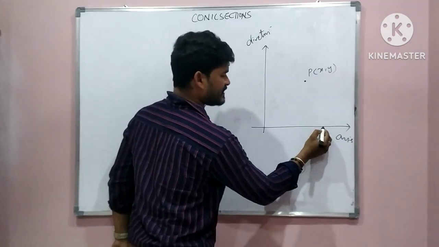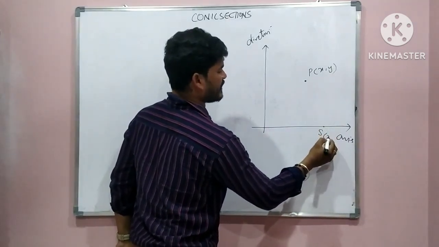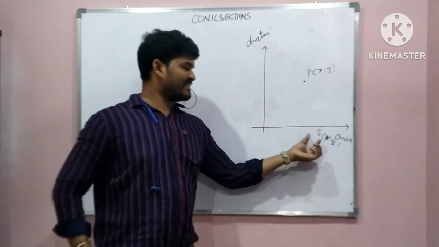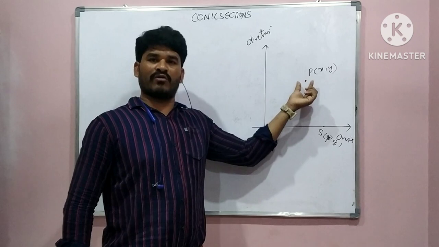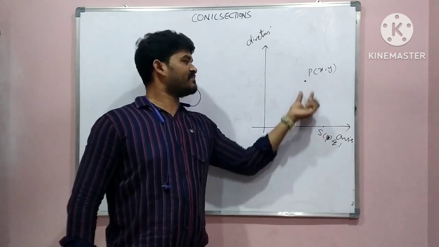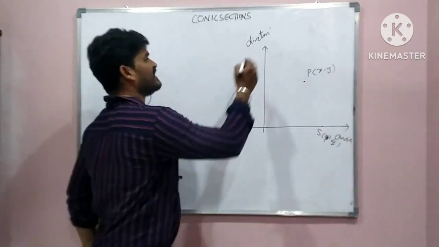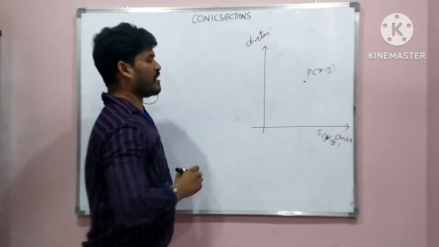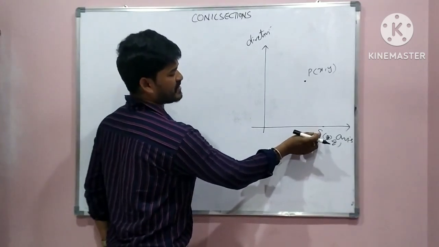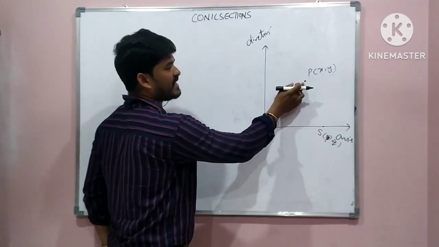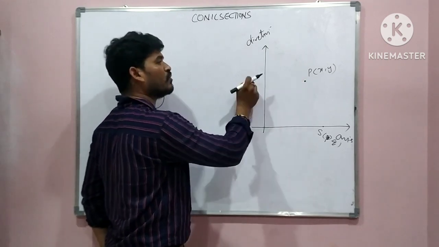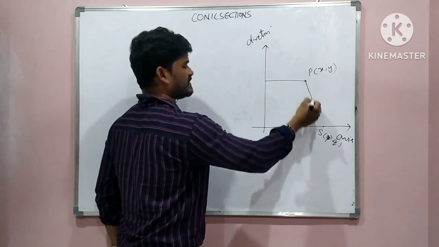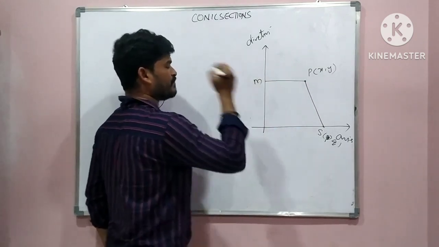Here S is the fixed point, P is the locus point, and this line is the fixed line, the directrix. Now the distance from the S point to P, and the projection of P onto the directrix is this point M.